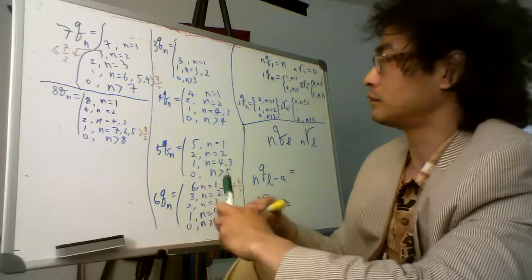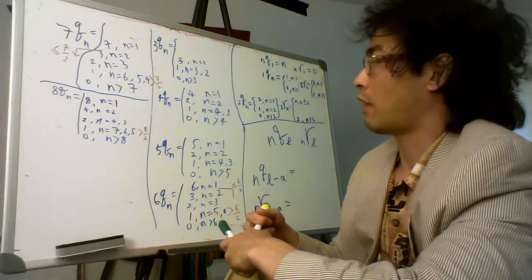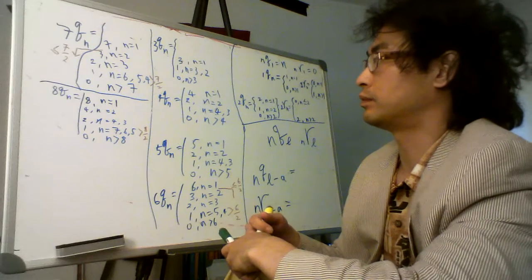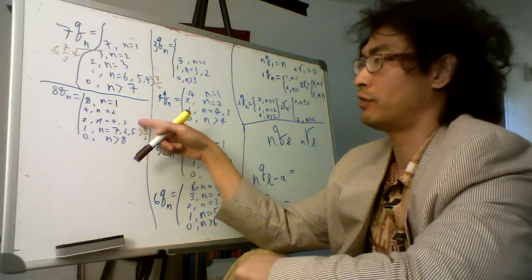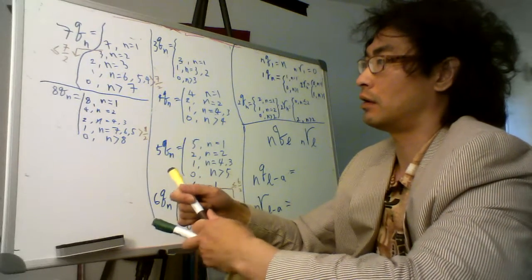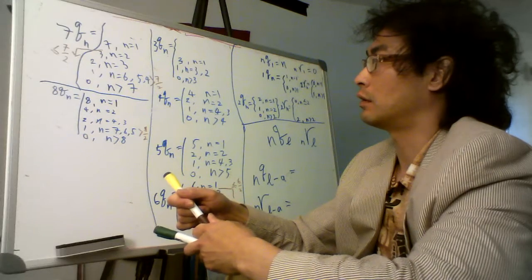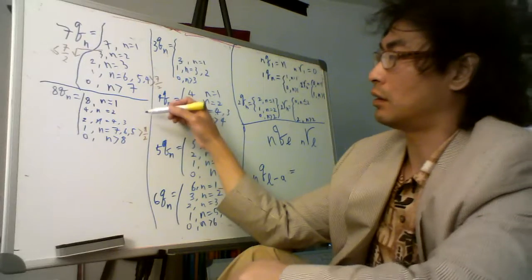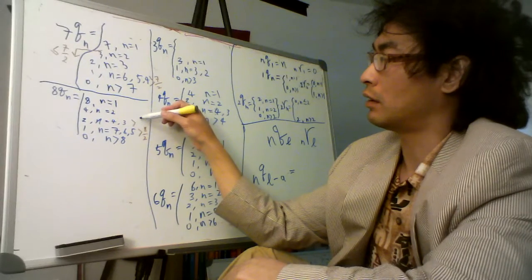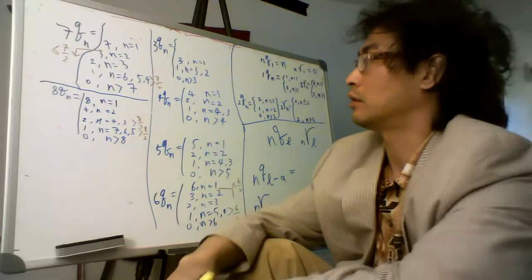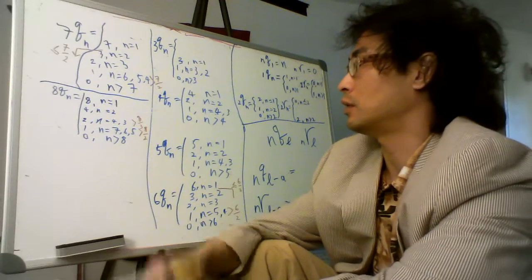In this case, probably 8 divided by 3, I think. 8 divided by 3. It's like 2 point something, and it should be larger than that.